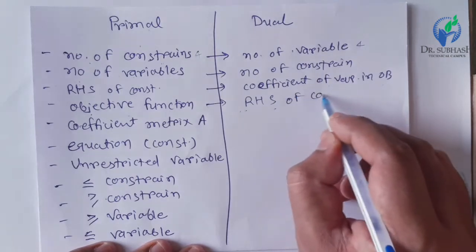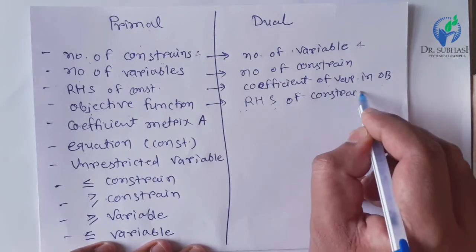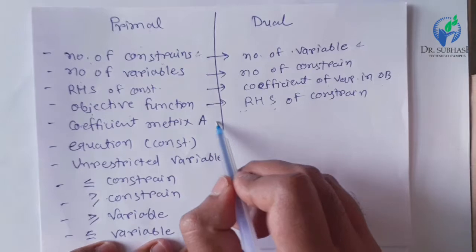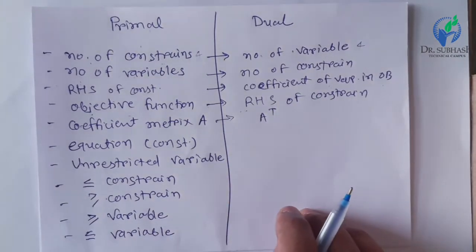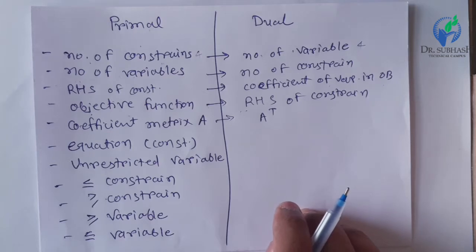Then the next thing is that the coefficient matrix A will become A transpose in the dual problem.